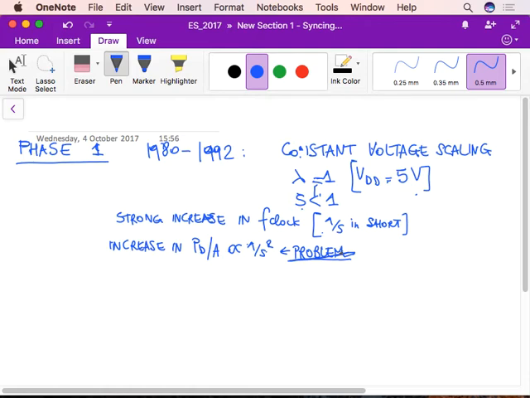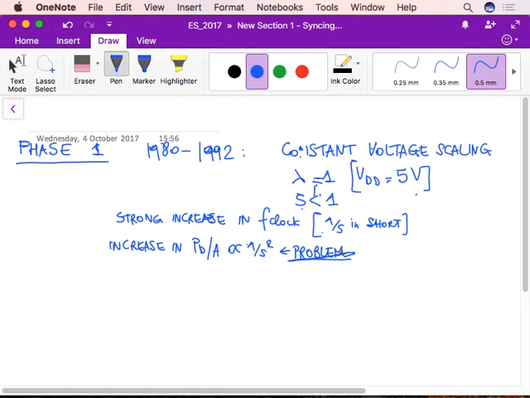Typically, if you scale down the dimension of a single transistor, what you want to do is to increase the number of transistors per chip. So the total area does not decrease even if you decrease the size of a single transistor, because you increase at the same time the number of transistors per chip.